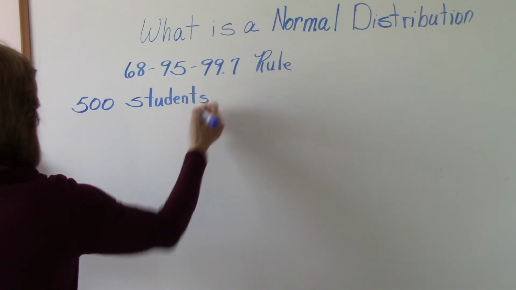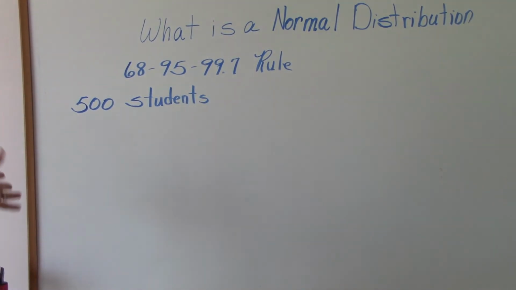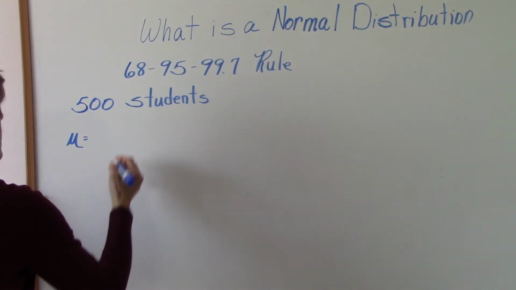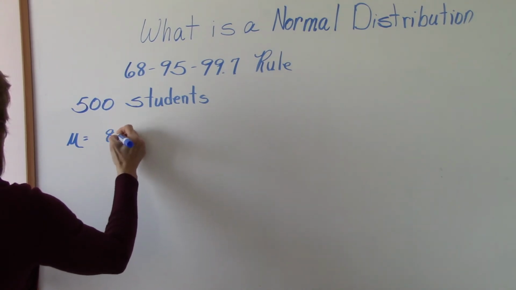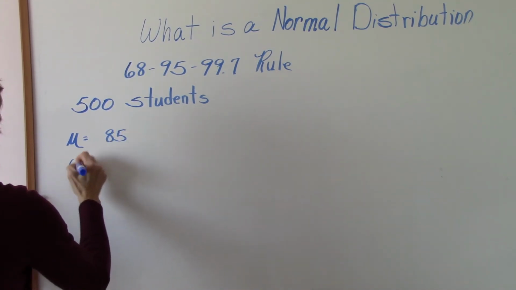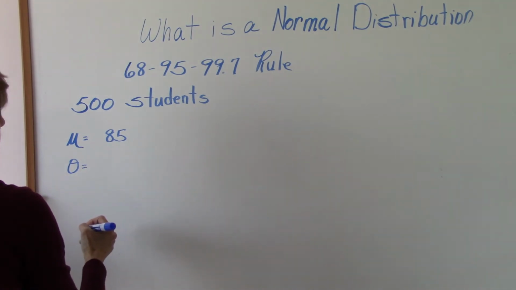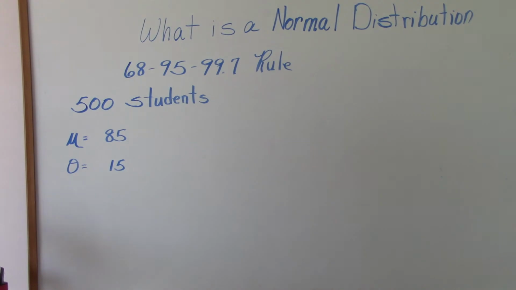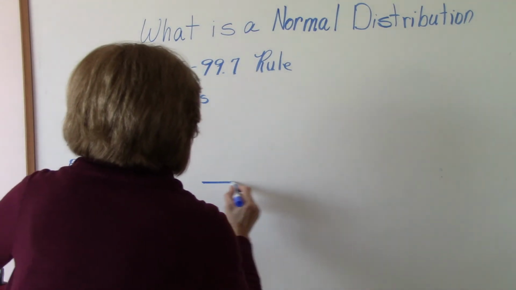Let's just say they took a stat exam, and the mean of the stat exam was 85, and that the standard deviation for the stat exam was 15. So this is information that normally will be given to you. So I'm going to take that information and put it on a normal distribution curve.